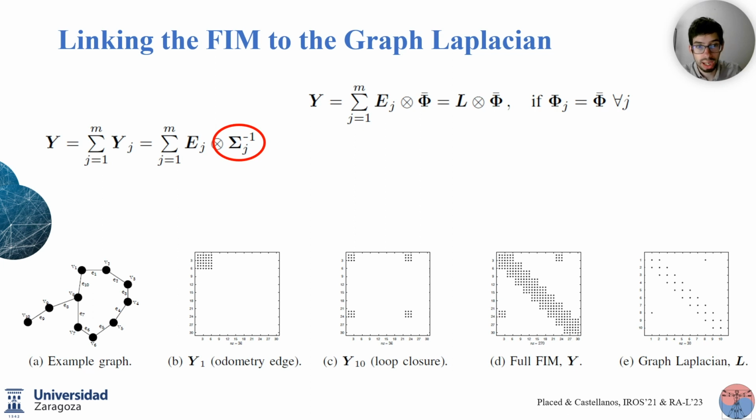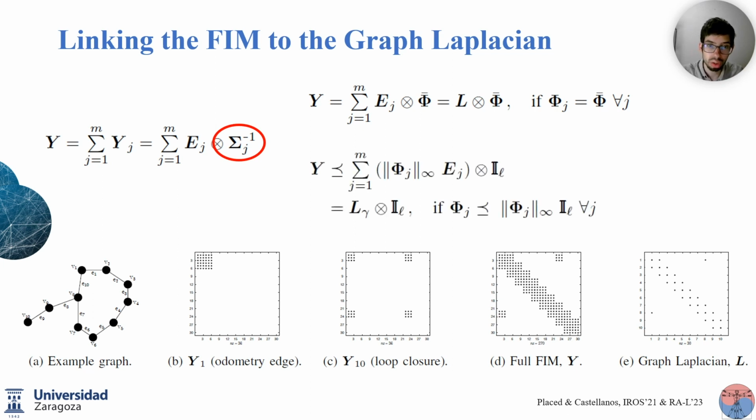On the other hand, if the uncertainty is not constant, we can always consider it to be naively bounded by a diagonal matrix populated with the highest eigenvalue of the relative information matrix. In this case, we will need to use the weighted Laplacian instead, and Y will be bounded by L.